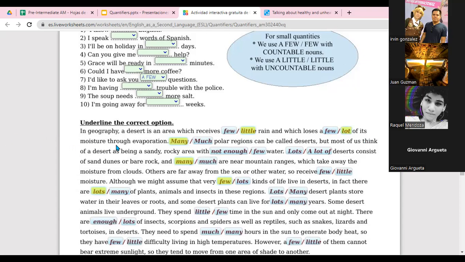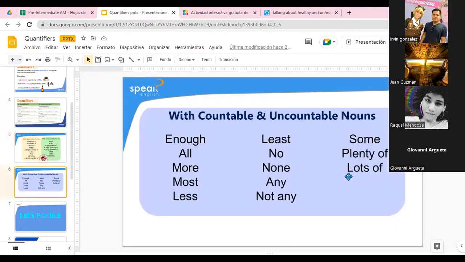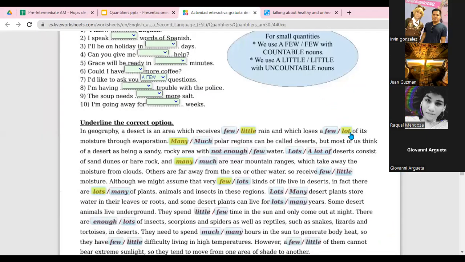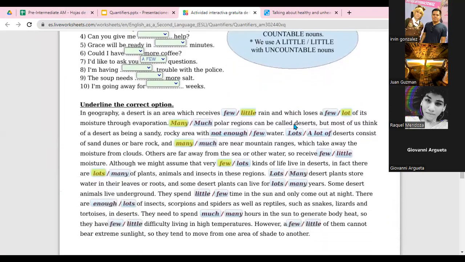Because you are talking about quantity, because you pay attention to the context, and also because you cannot count the moisture. So you use lot, because lot is used for both countables and uncountables. That means that we are talking about uncountables, because you cannot count moisture. That's why few cannot be an option. Okay?